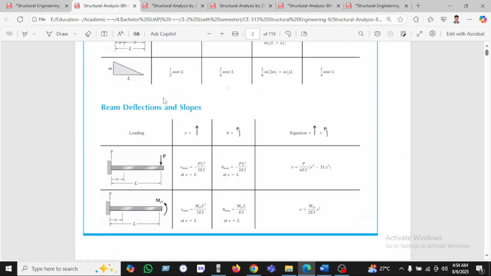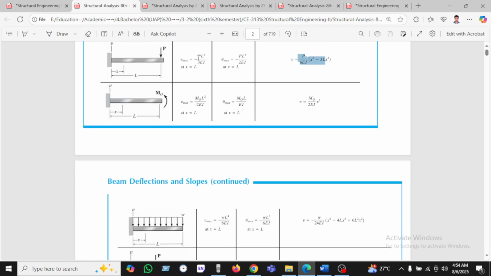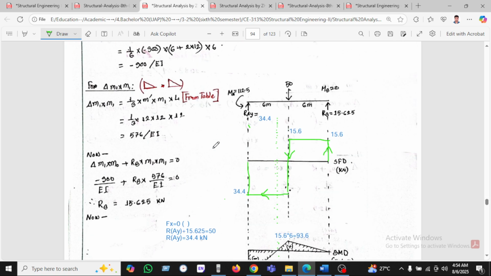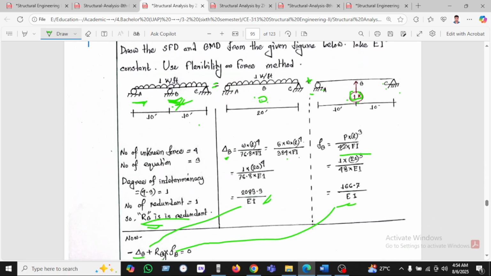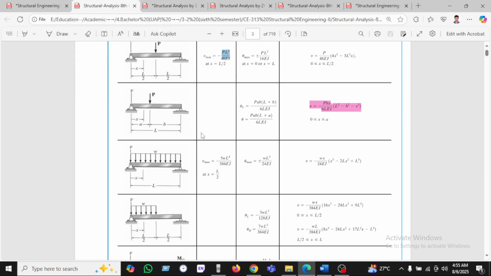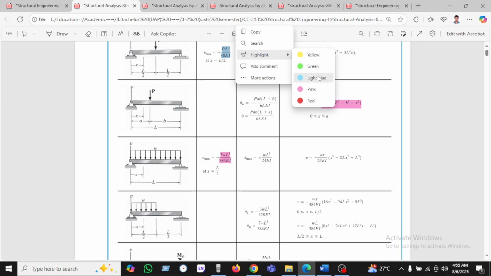As we are using the deflection formula, P is here, so you can use PL cubed by 3EI for the cantilever, and PL cubed by 48EI for the simply supported beam, as seen previously. When there is a UDL, we use the corresponding formula. We have already used these two formulas.